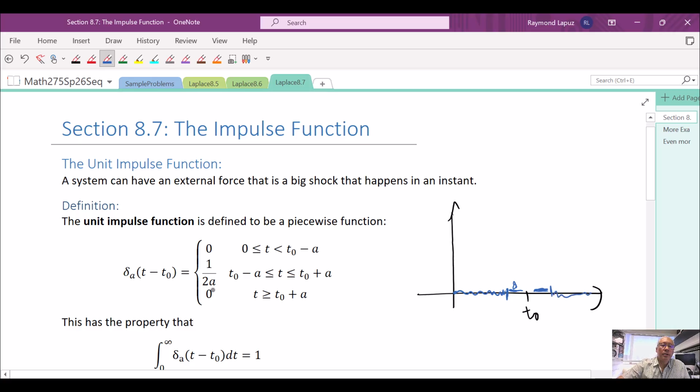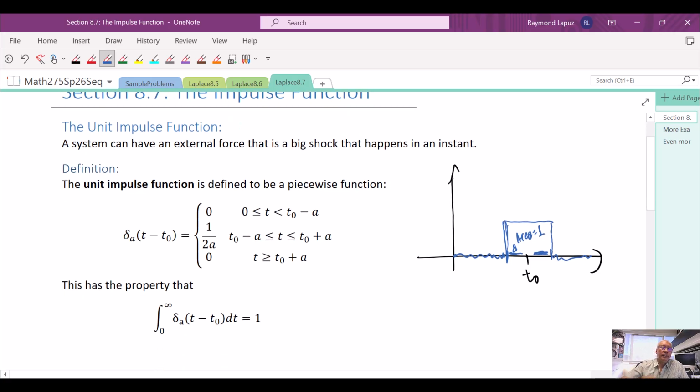And then from t naught minus a to t naught plus a, you have 1 over 2a. So this will essentially guarantee an area of 1. And that's what we want, we want the area of 1. And this is the property that this has.